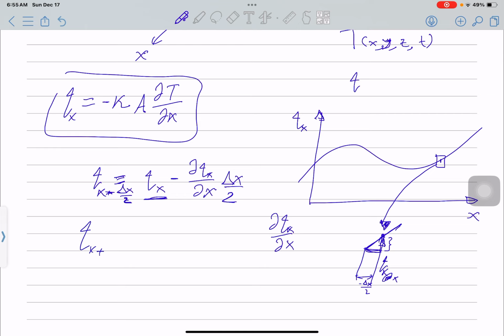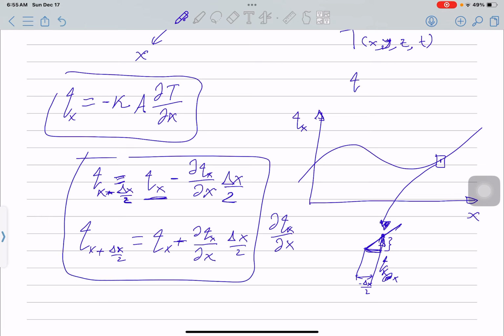While Qx plus delta x over 2 will be Qx plus partial Qx by partial x times delta x over 2. The difference is that delta x over 2 is in the negative direction here, while there it is in the positive direction. This is why there is a negative here and a positive here.